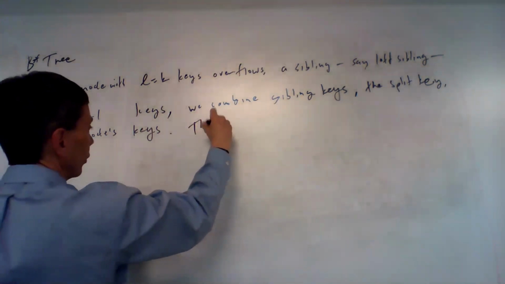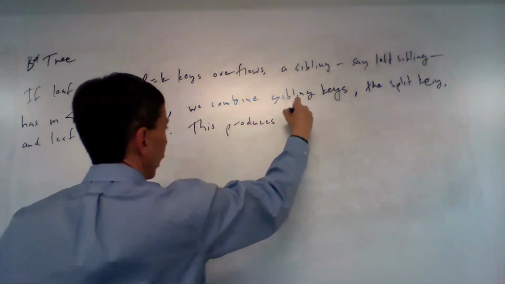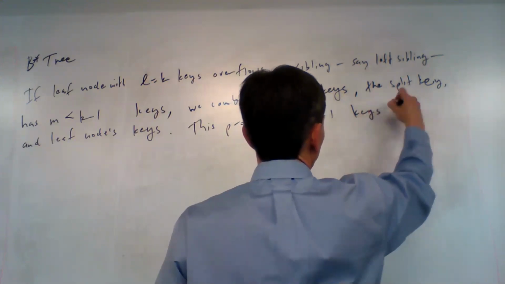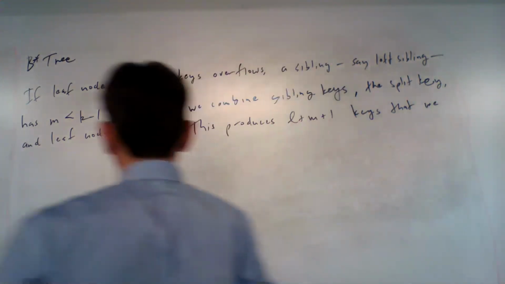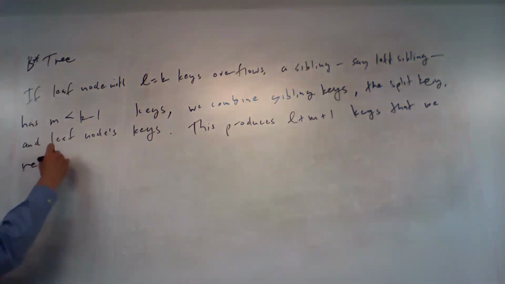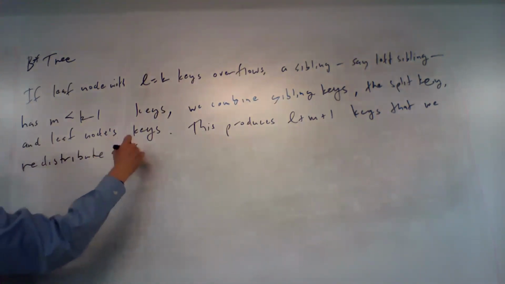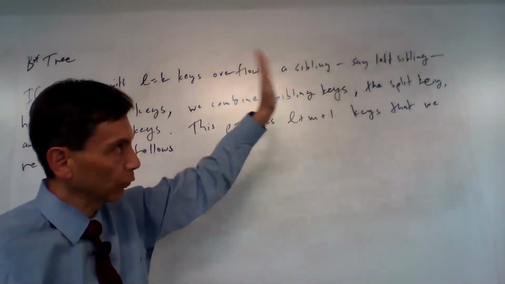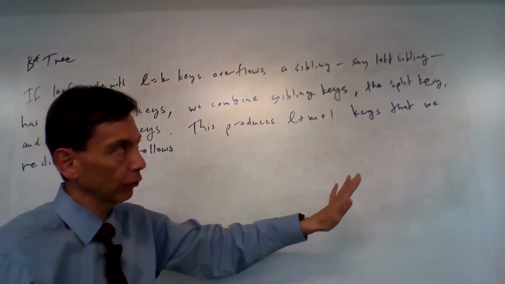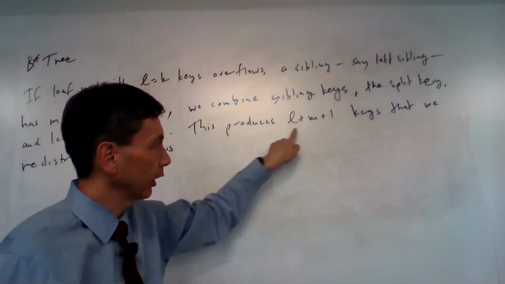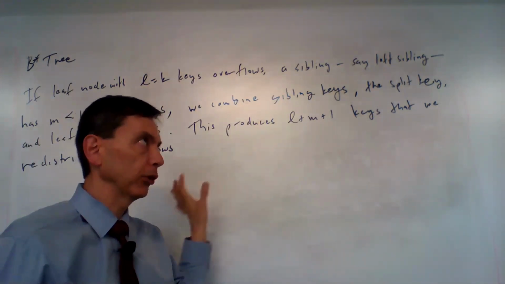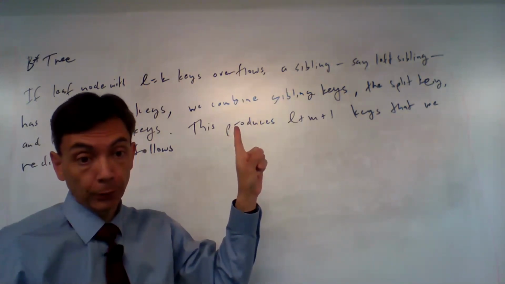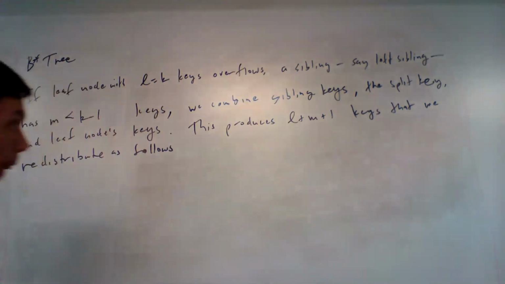This produces L plus M plus 1 keys that we redistribute as follows. So this is a total number of keys. If I just grab the split key, everything in the left sibling and everything in the leaf that's overflowing, I'll have this many keys that I need to somehow distribute, some into this left sibling, some into the leaf, and then one up into the parent as the split key. It's going to be a new split key. Okay?